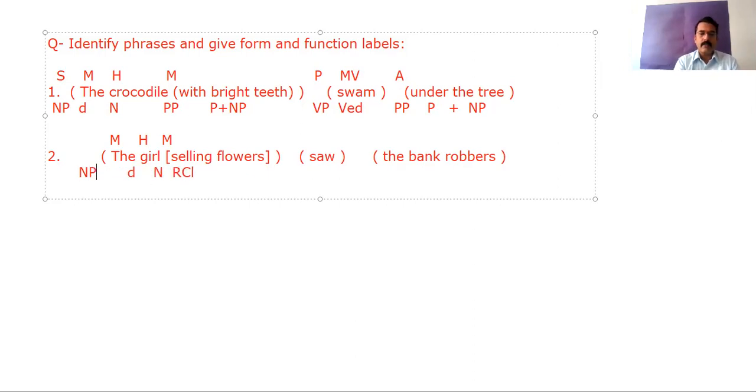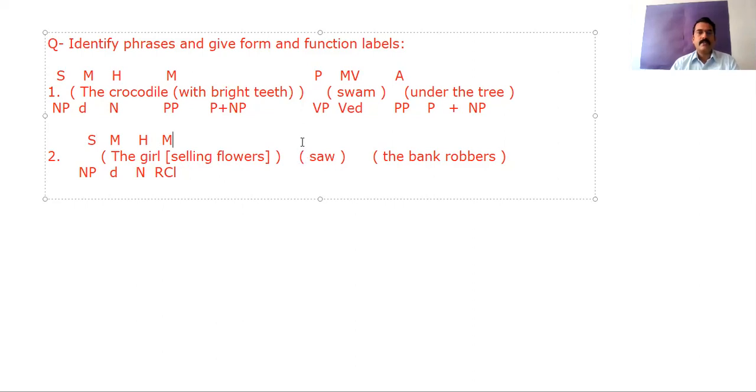So this is an NP, and the function of this NP is subject as it comes at the beginning of a sentence. So the girl selling flowers is a noun phrase functioning as subject, and the is determiner modifier. Selling flowers is a relative clause functioning as post modifier in this phrase, right?